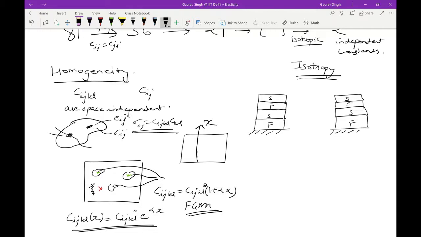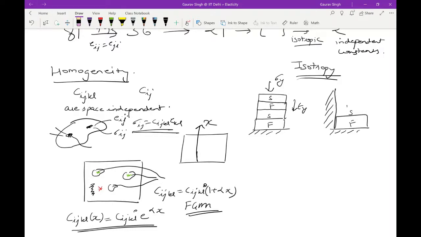Make two such stacks, everything else remaining the same. Conduct this test: apply the same stress over the top, sigma y, and measure how much strain has happened. Do the same over here; apply the same stress.